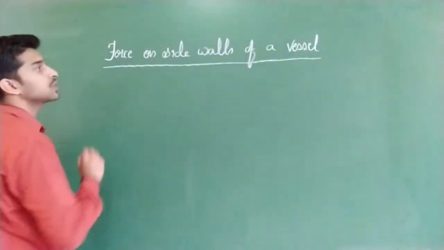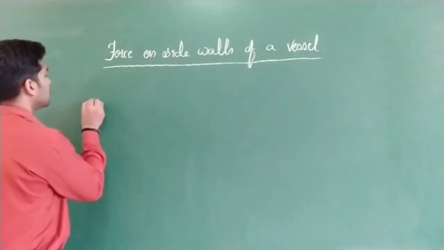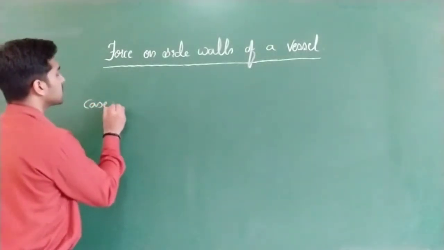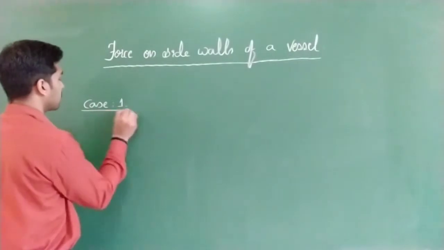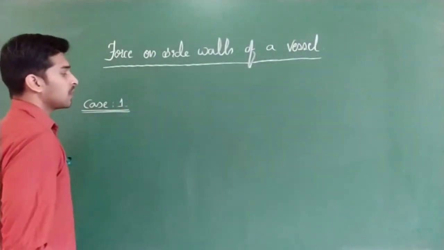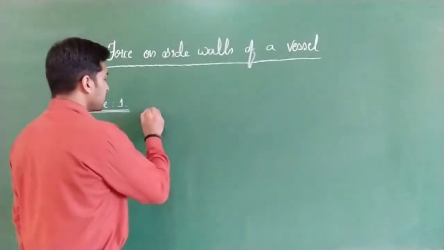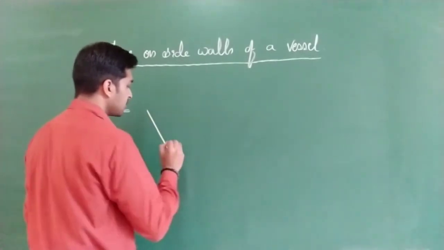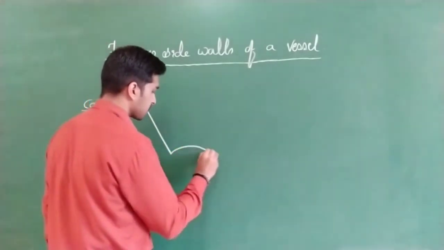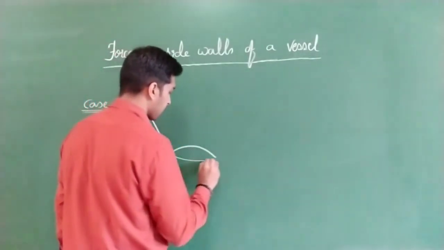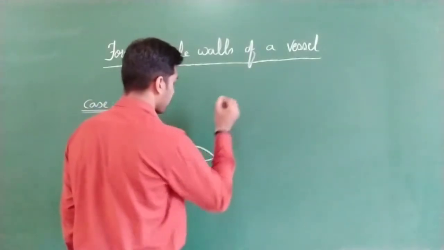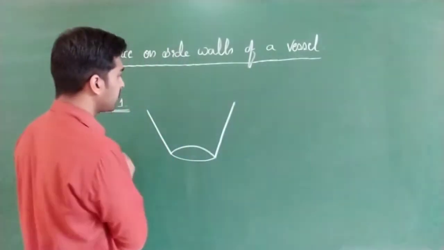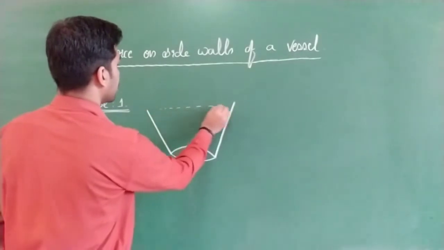So, force on side walls of a vessel. We are considering two cases. Case number 1 first of all. Imagine we are having a vessel in this shape. Clear? And it is filled with the liquid.